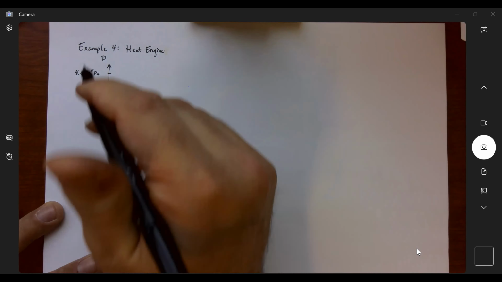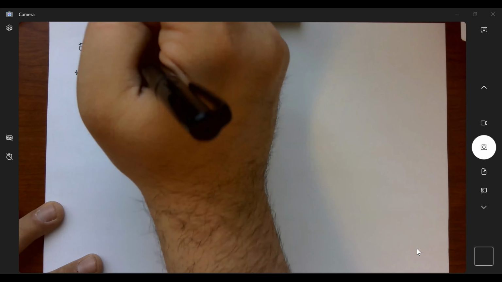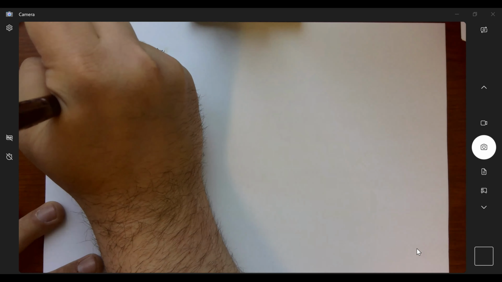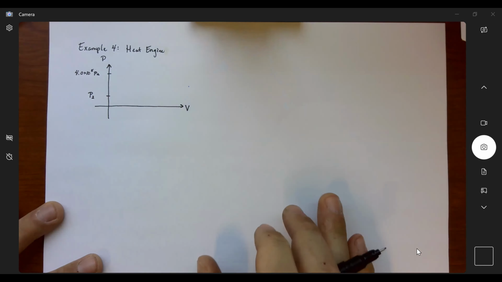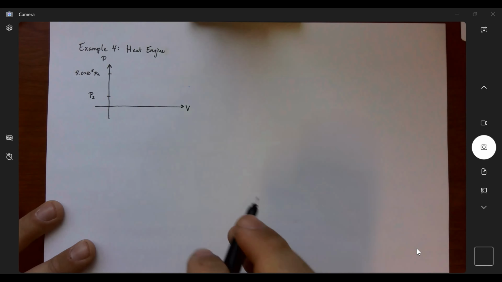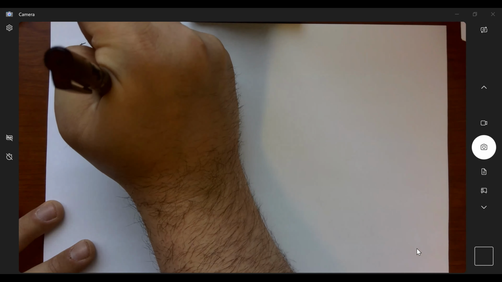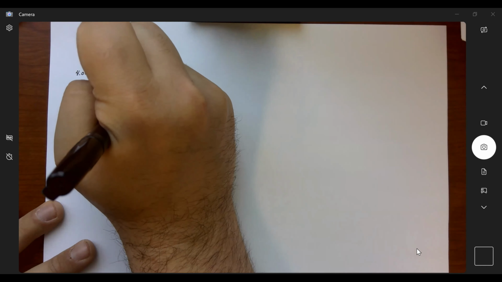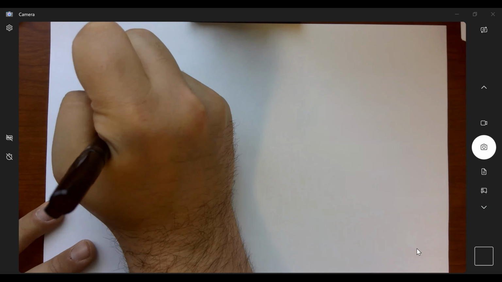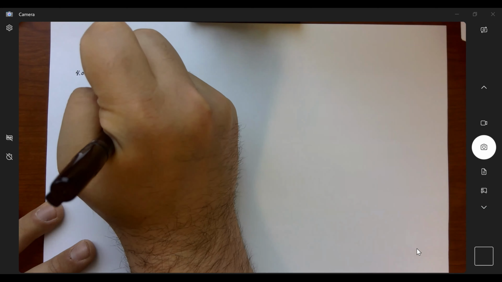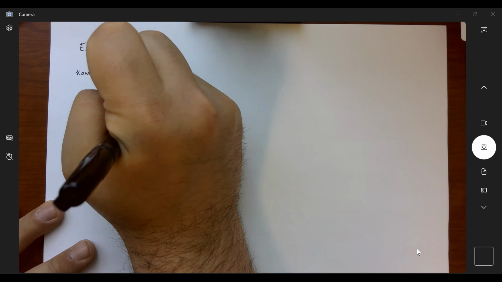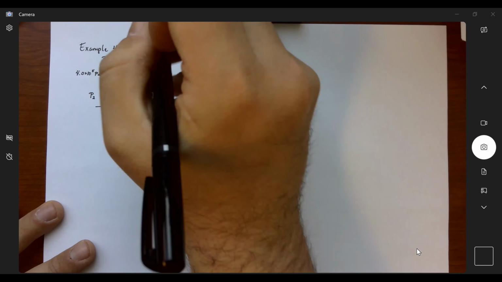And actually, I'm going to leave this one blank. I'm going to call this pressure 2. And here I'm going to give the volumes of 0.02 cubic meters.